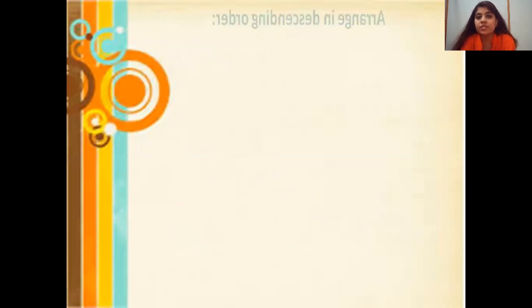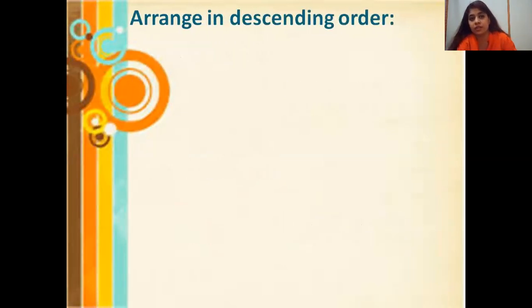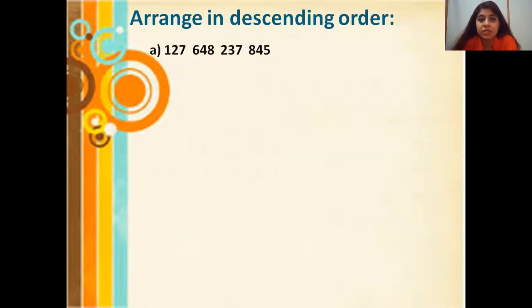Similarly, you can do this by ascending or you can do it by descending order. In descending order, we go from a bigger number to a smaller number. Now I have my first question on my screen. In this also, you will start looking at the hundreds place first.